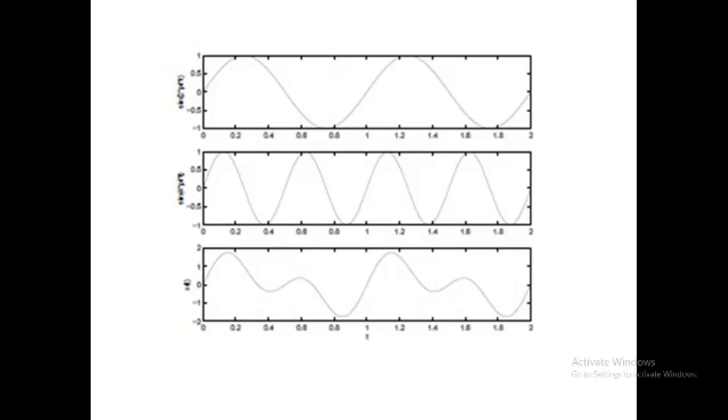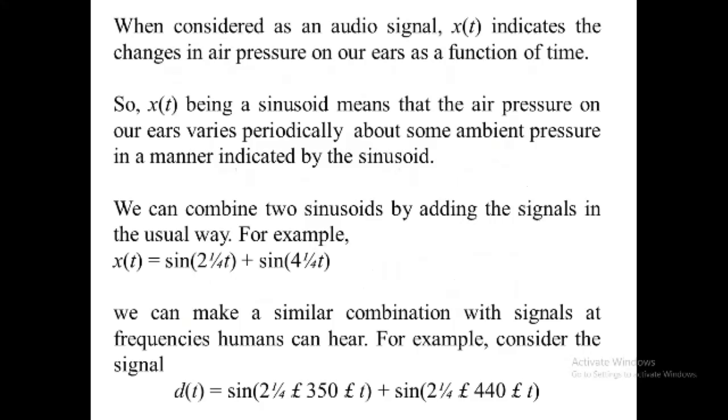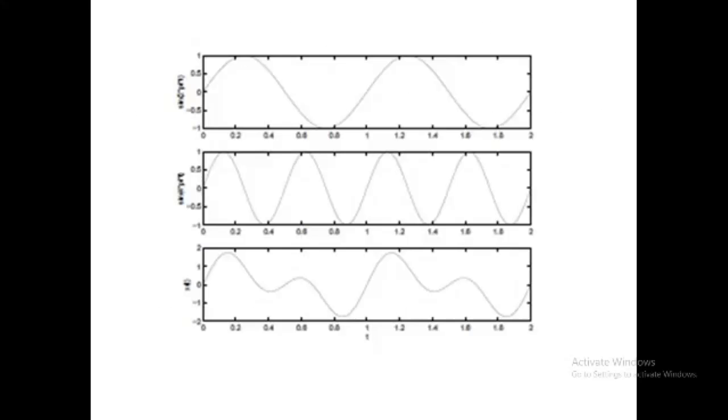For example, consider the signal d of t equal to sine of 2 pi into 350 into t plus sine of 2 pi into 440 into t. Each of these two sinusoids, at frequencies 350 Hz and 440 Hz alone, corresponds to a pure tone that can be heard by a normal human ear.